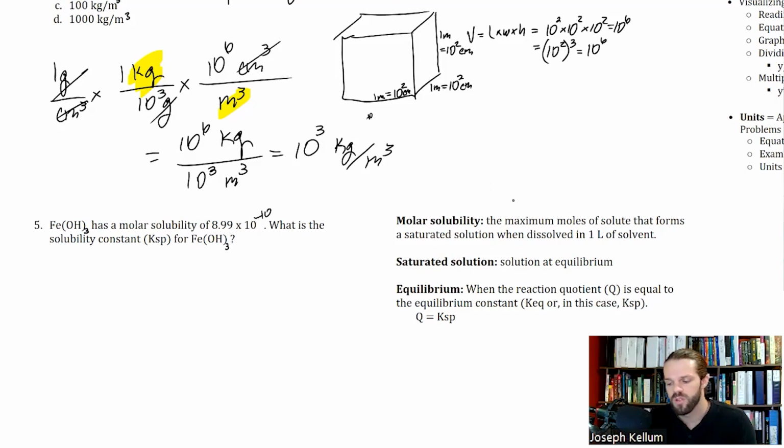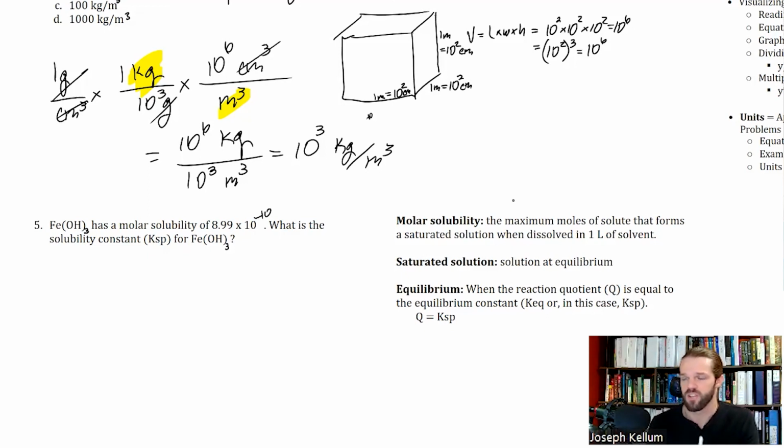The definition of molar solubility that we have written down over here on the right is that it's the maximum number of moles of solute that forms a saturated solution when dissolved in 1 liter of solvent. Another way to put that is that molar solubility has to be in units of molarity, right? Because it's moles of solute per liter of solvent, and it's just the most of that solute that we can put in.